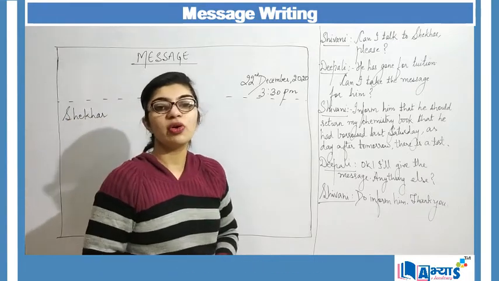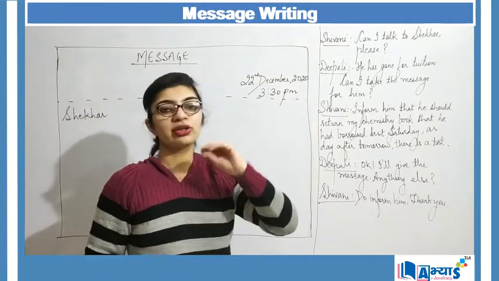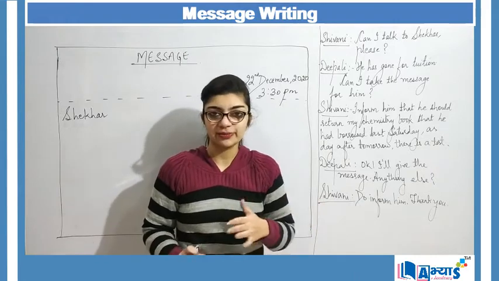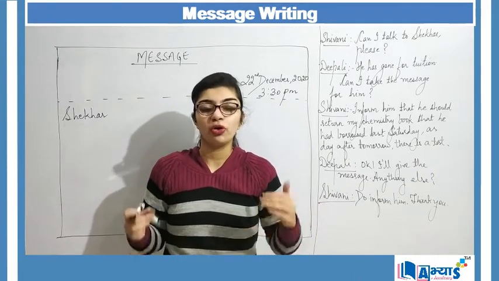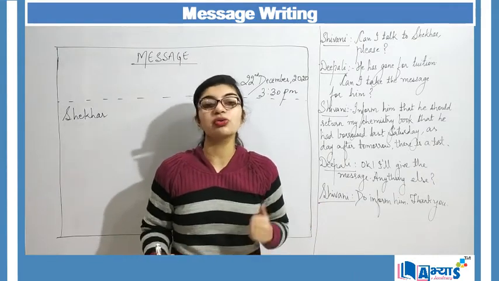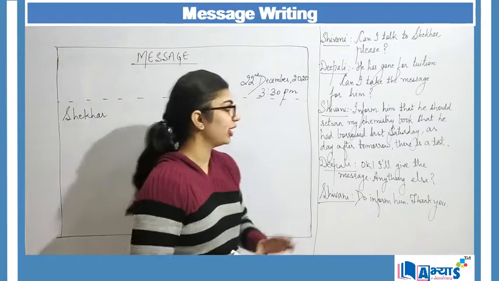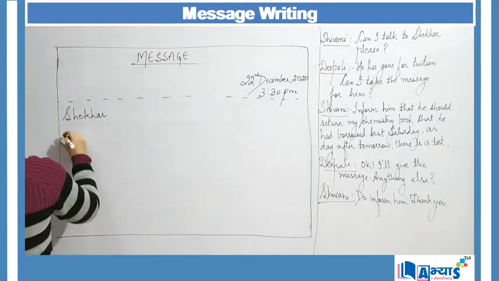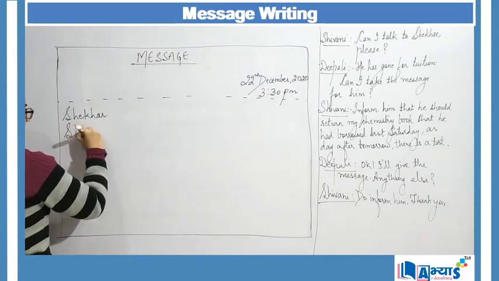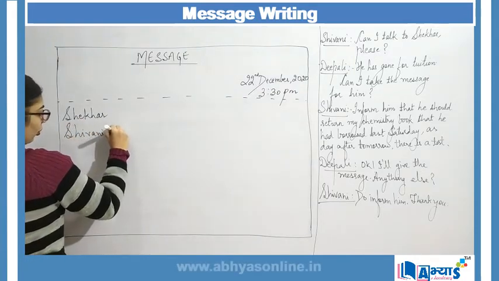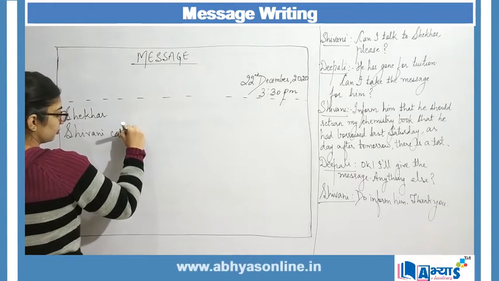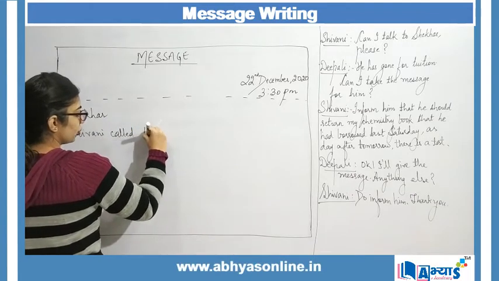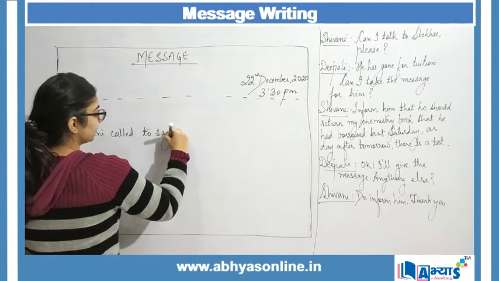My message will always begin with so-and-so called to inform or to say or to remind, whatever. Now who called? Shivani. So I will begin with Shivani called to say that.